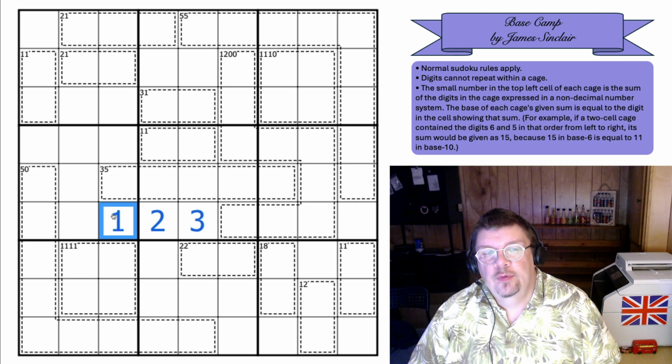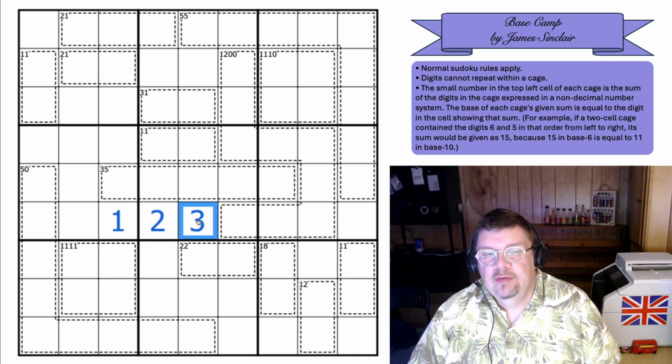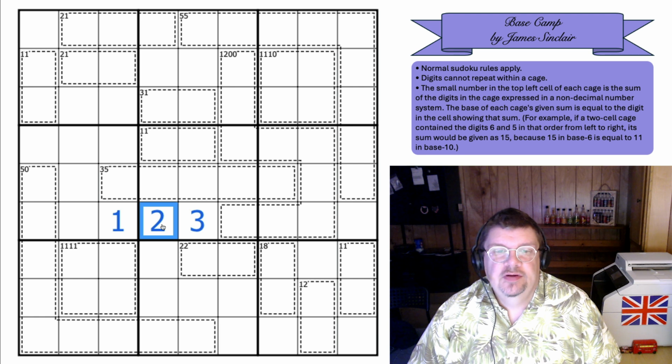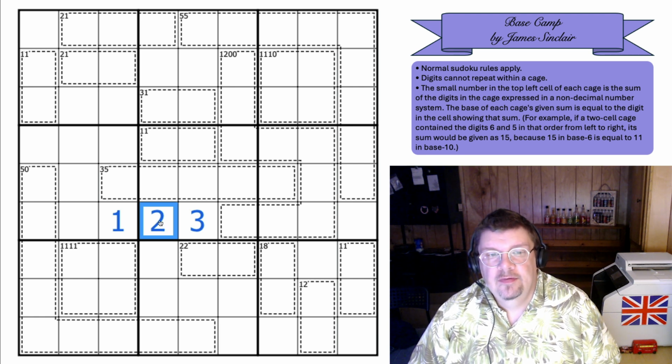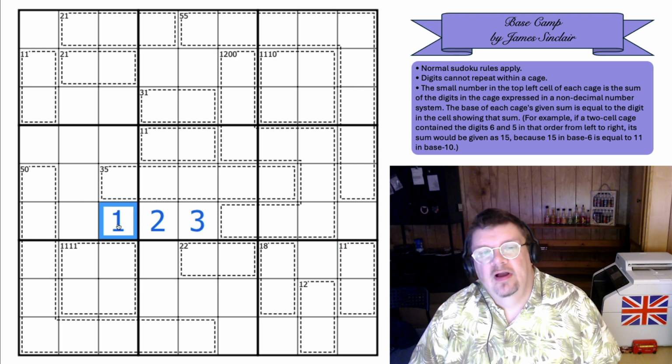Now, if this were a base 5 number, for example, then this would be 3 times 1. This digit would be counting 5s. So we would have 2 times 5, and then this digit would be counting 5 times 5s.